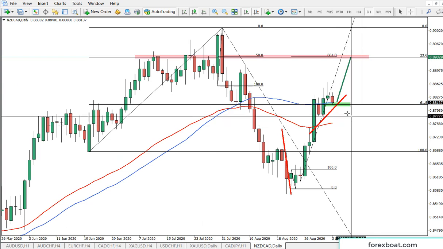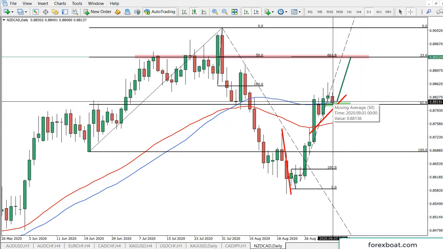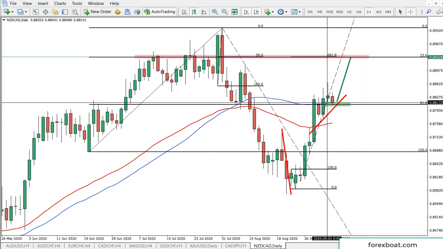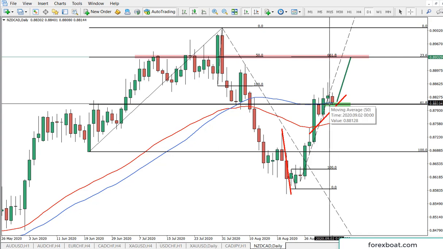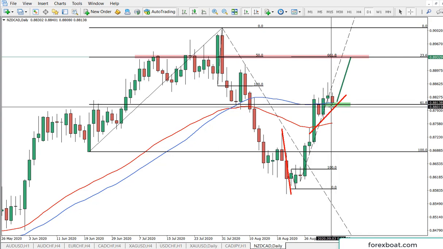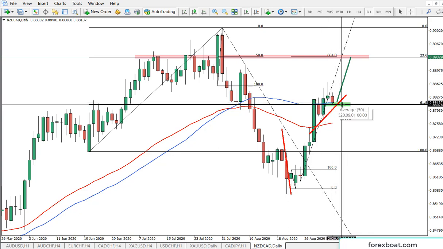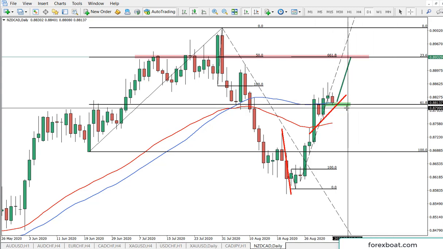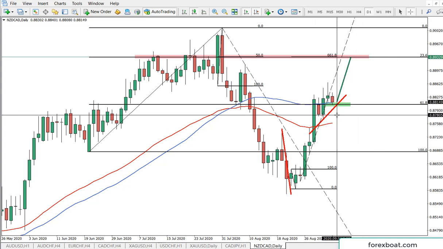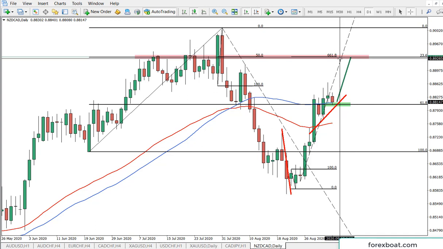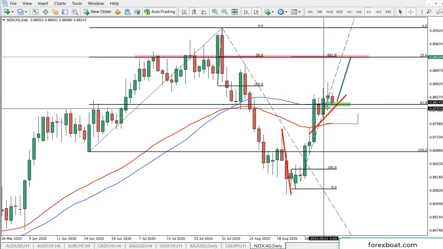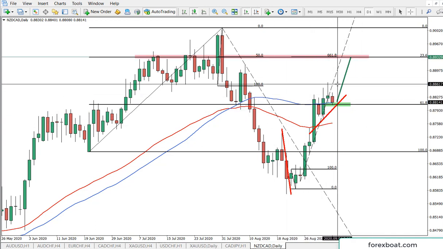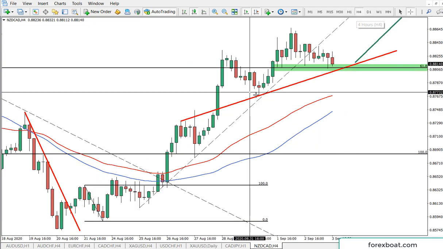If we look at the daily chart, guys, we had the rejection of the 50 simple moving average. Sorry, it's a 50 period, clear rejection. So now it becomes a support along with the Fibs. There could be spikes below on the daily time frame, but I don't think this will be something substantial. All in all, looking very bullish in my view.